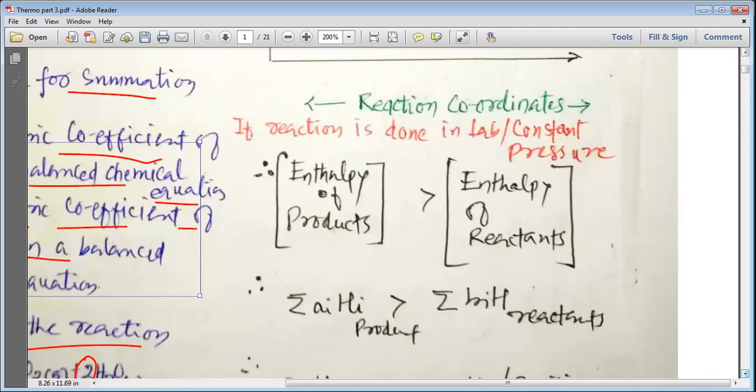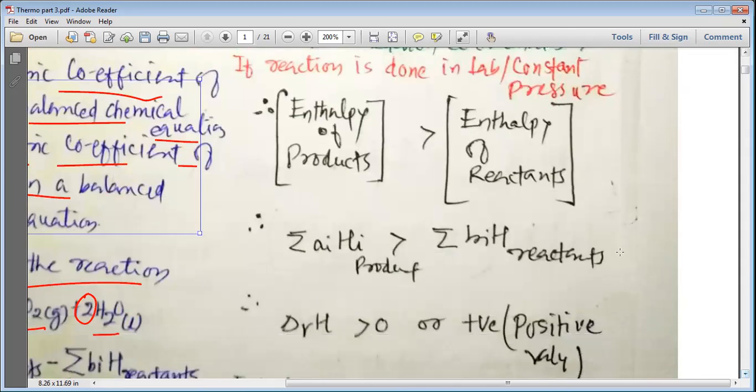The reactions that we do in laboratories, in an open system, have constant pressure, as we have seen, my dear students. So at constant pressure, the enthalpy of products is greater than the enthalpy of reactants.